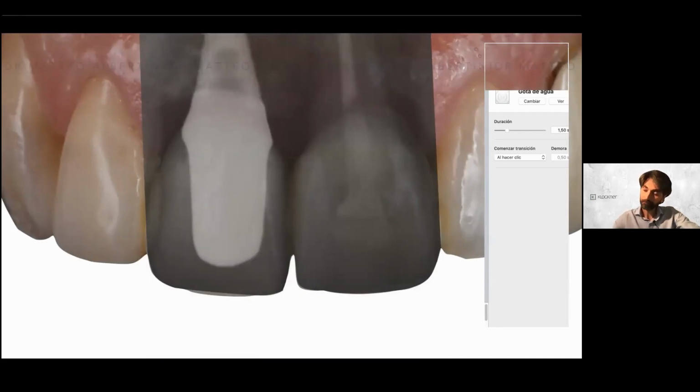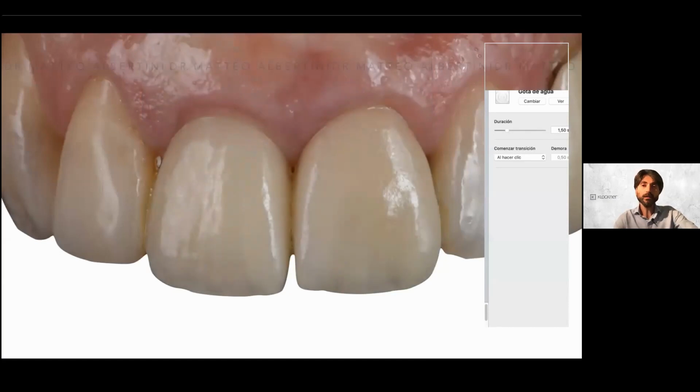We have to understand the different biological response of the periodontal tissues to dental implants. It's not the same to have an implant or a natural tooth, because we know we're going to have a shrinkage of these tissues after dental extraction.